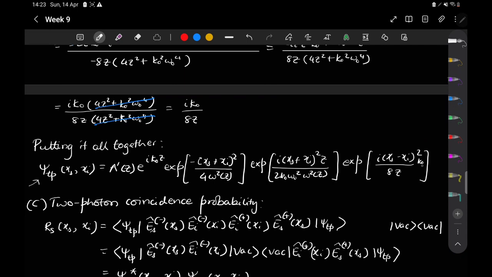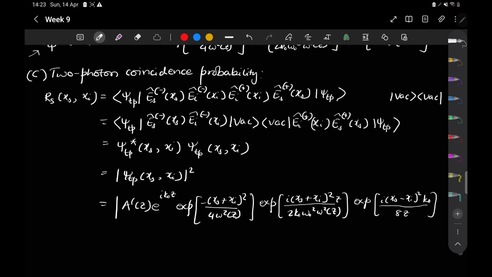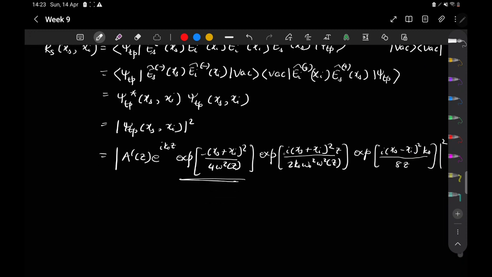Sorry, there is a K naught here. So only this term survives. The rest have exponential iota kind of terms, so they will just cancel and become 1.